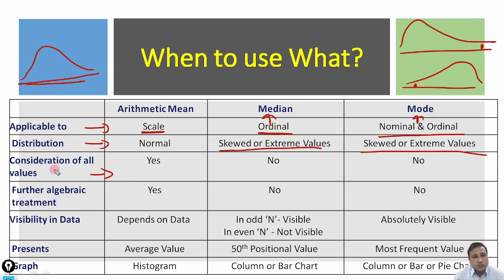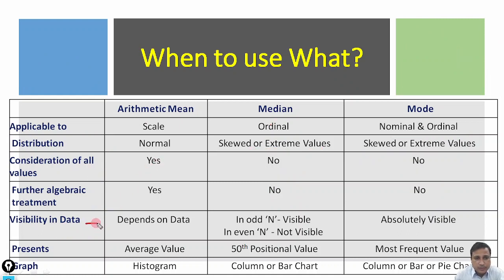Arithmetic mean considers all the values. Median and mode don't consider all the values. We can go for further algebraic treatment once we compute the arithmetic mean, but if we compute median and mode, we cannot. Whether the computed mean is visible in the data depends on the data.